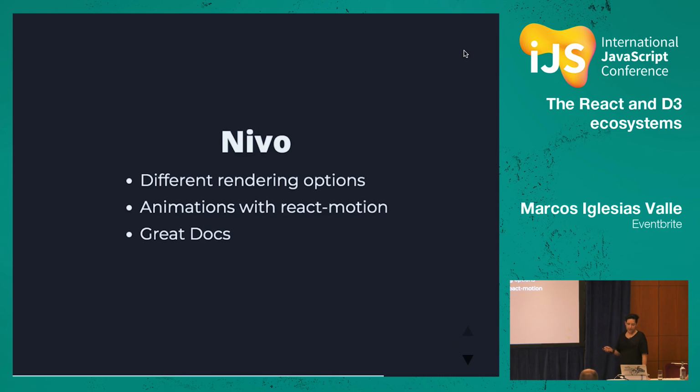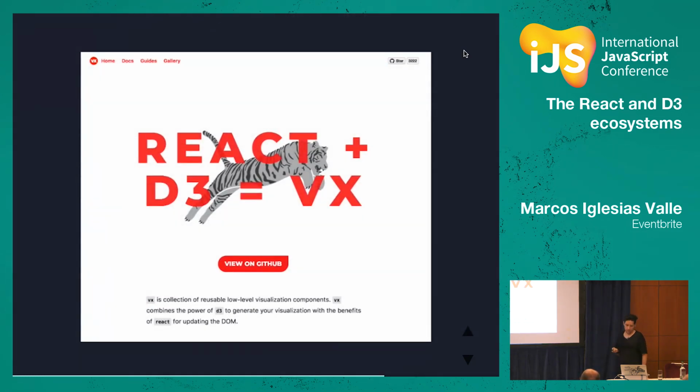Then a library that is absolutely the opposite of Nivo is VX. It was created at Airbnb, and it's a really low-level visualization components library. Well, I wouldn't even say library, I would call it a collection. It's super flexible and powerful because the approach is that you could actually build your own library using VX.